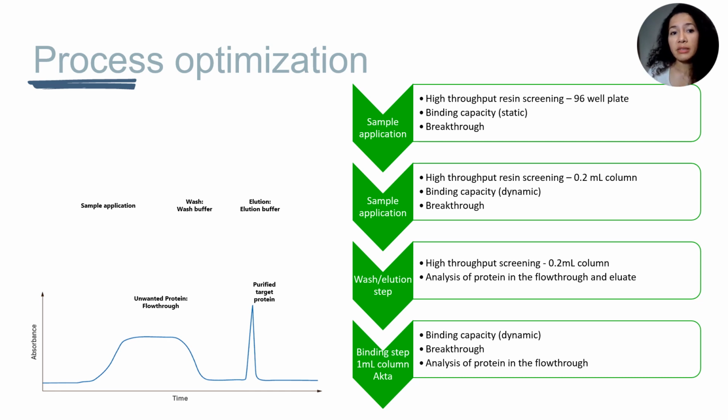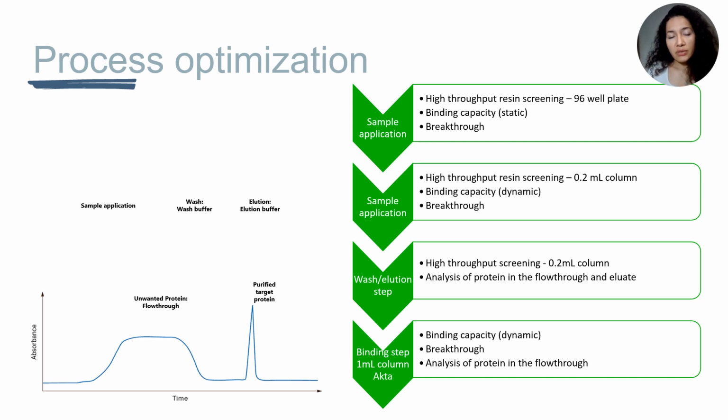We optimized each of those steps, sample application, wash and elution step, to develop the second generation downstream process. During the sample application phase, we performed a high throughput resin screening in 96 well plates to test the static binding capacity and breakthrough. Then we moved to high throughput resin screening using 0.2 ml columns to test the dynamic binding capacities and breakthrough.